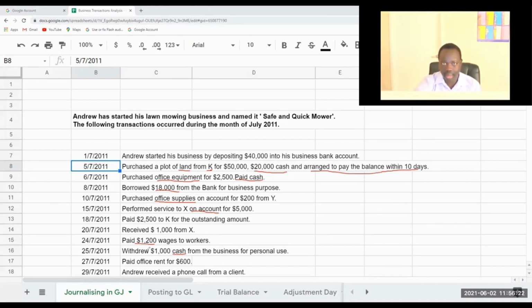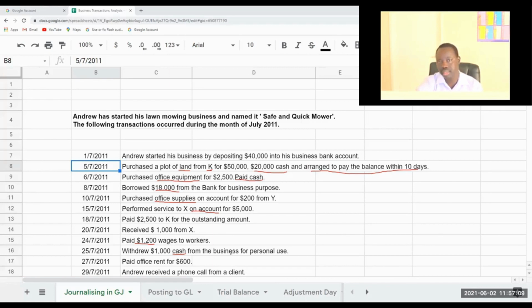When a business owner withdraws some money from the business, this is recorded in a separate account, and that account is called drawings. If it is a company, that will be dividends. But this one is a sole trader. This one is drawings. So you debit drawings and you credit cash.